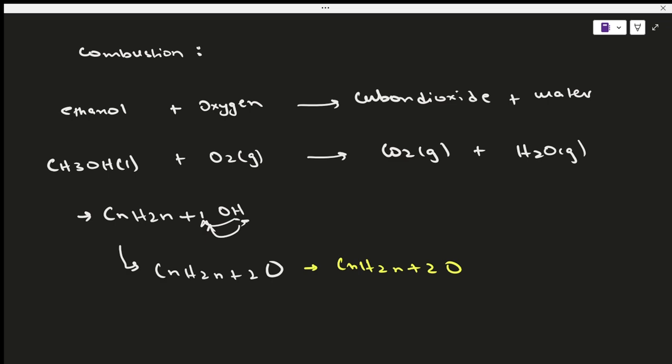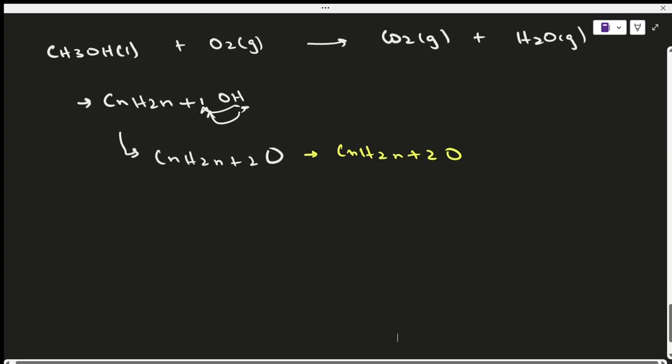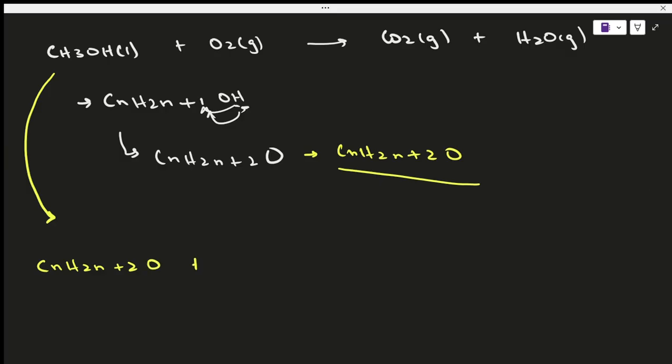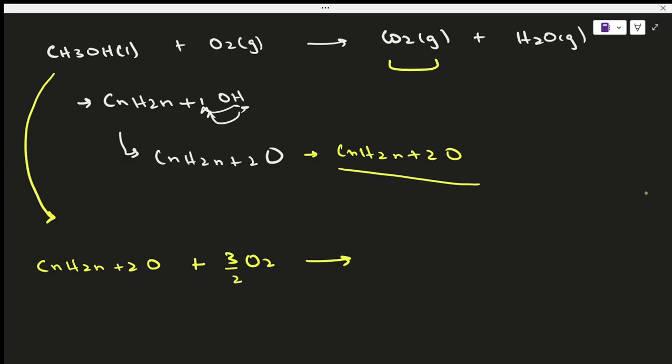Now let's take the same equation for ethanol and balance it. I'm going to use this general formula: CnH2n+2O plus, in place of O2, 3n/2 O2, and with the products, n CO2 plus (n+1) H2O.